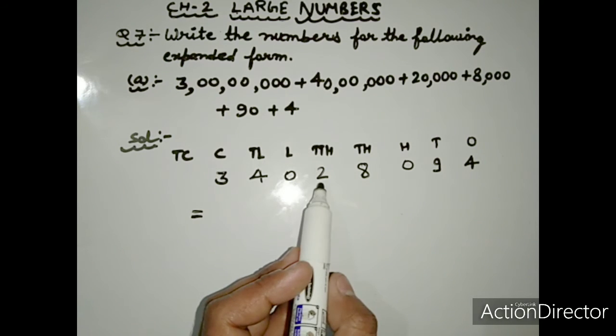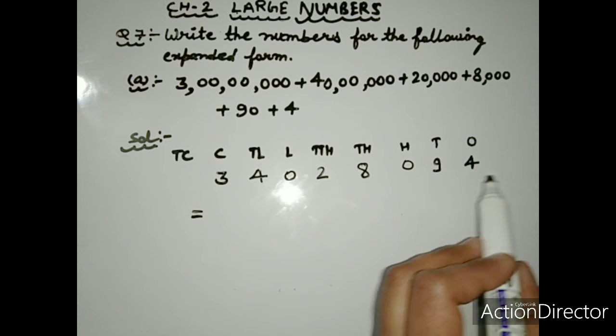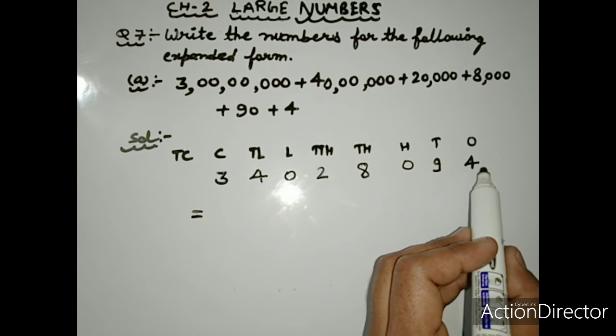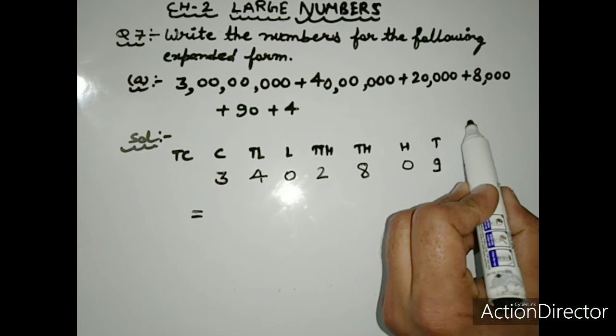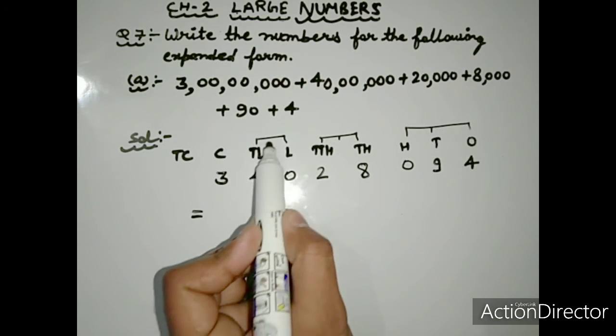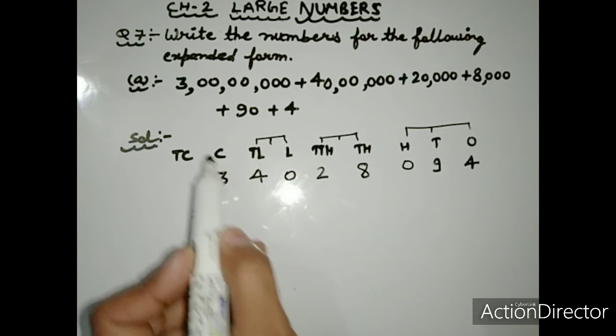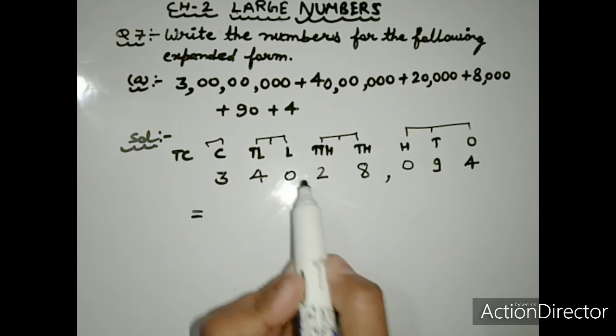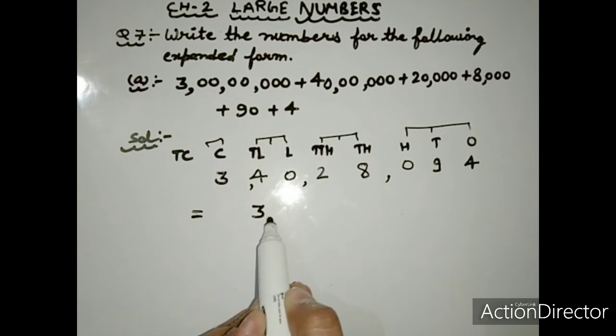So here we write this numeral in standard form. So here we separate different periods by using commas. So here we use a comma here, comma here, comma here, and separate all the periods.